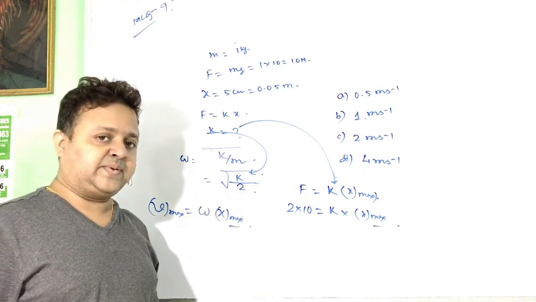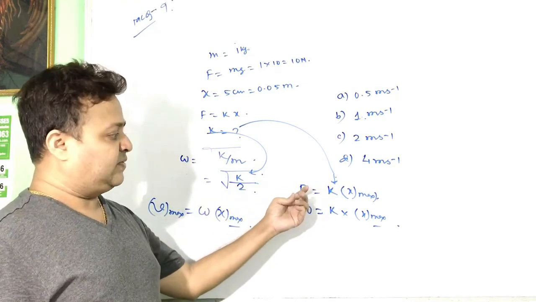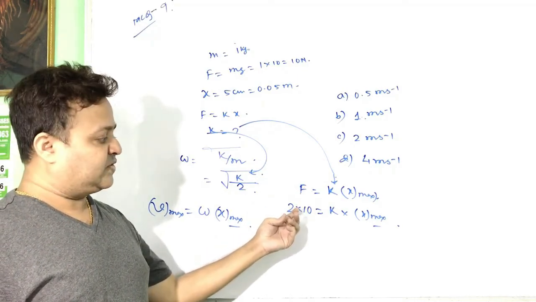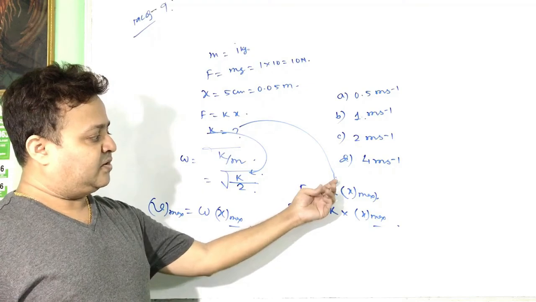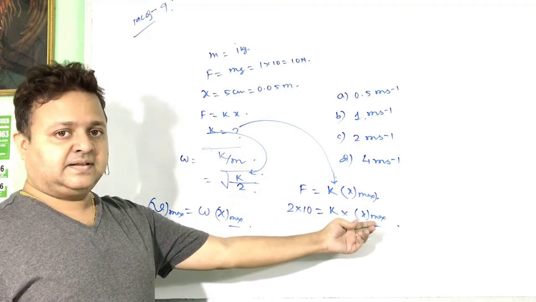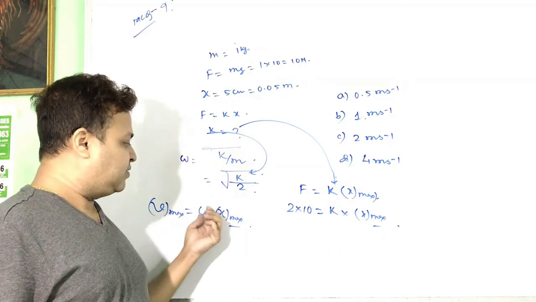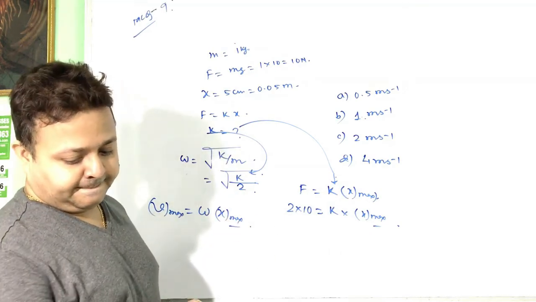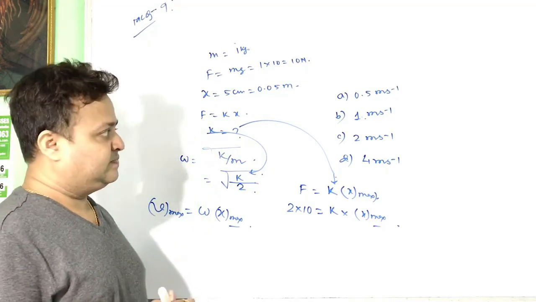Force equal to kx. Now the suspended block is 2 kg, so the force is 2 into g equal to K, which remains same, into x max. Then Vmax equal to omega into x max. Answer is 1.